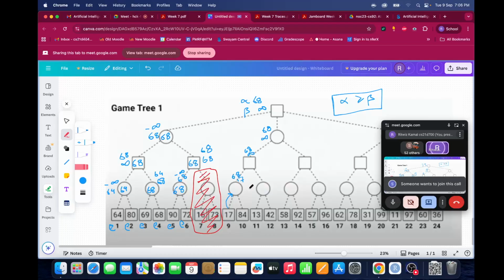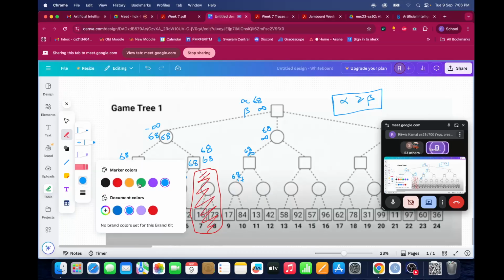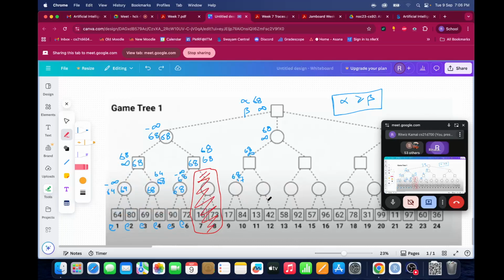Has a cutoff condition been reached? Yes, alpha is greater than beta. Here alpha, which is 68, is greater than beta, which is 17, so a cutoff has been reached. Let me use a different color to mark it. This edge will be cut off and this part of the tree will no longer be considered.